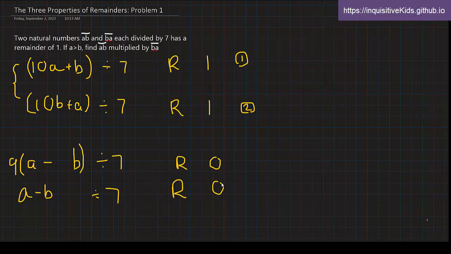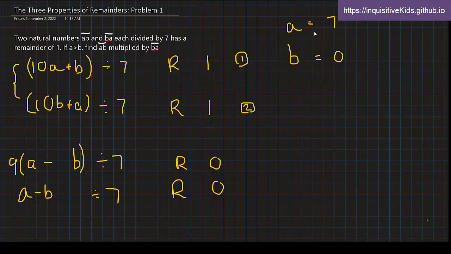Now going back, A and B don't really have that many different possibilities because there are only, of course, 10 digits, 0 through 9, and A and B are each digits, so they're all one-digit numbers. So for A minus B, there's only a few different possibilities for A and B. So A can equal 7 and B can equal 0.